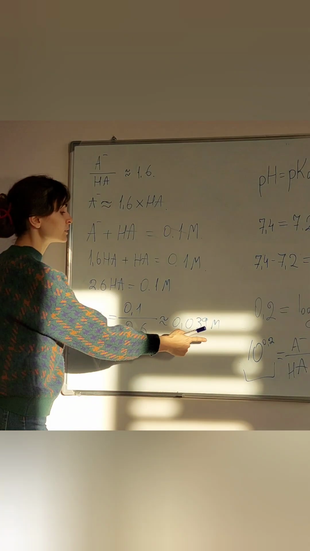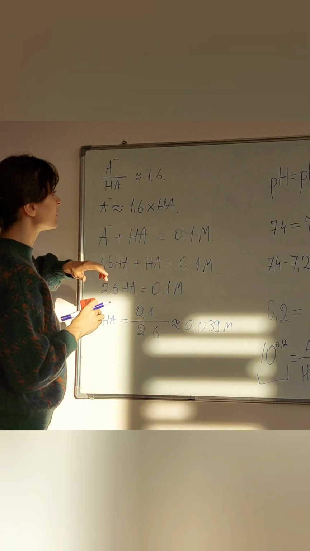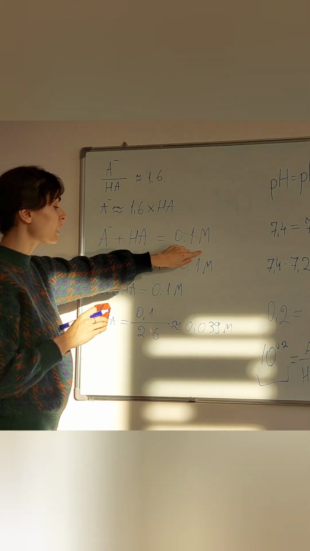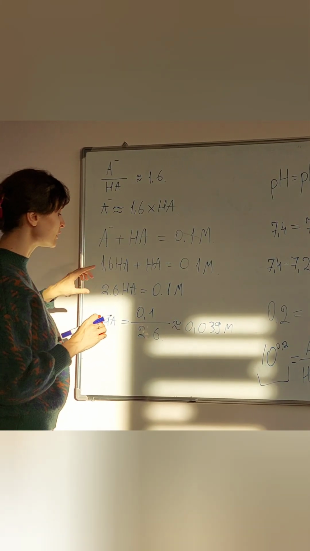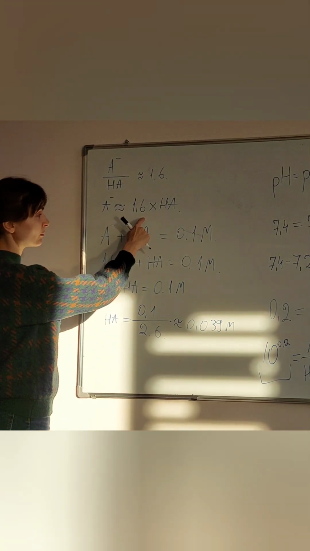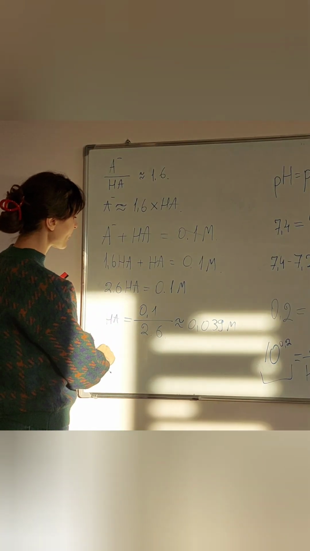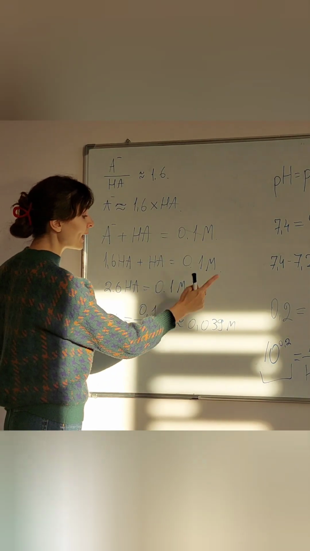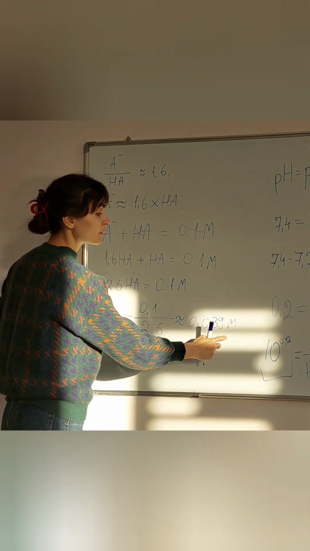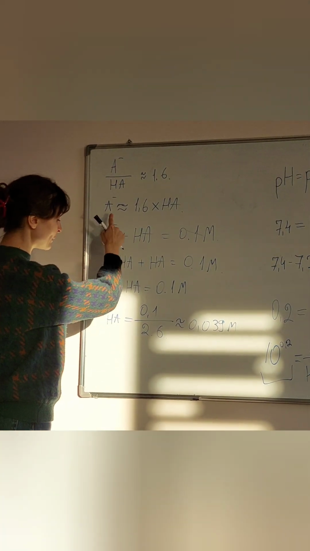So this is going to be the concentration of the acid, and remember we have 0.1 mole of the complete solution, so we can just multiply by 1.6, or we can just do the subtraction of 0.1 minus 0.039. Okay, so we have two ways to calculate the conjugate base here.